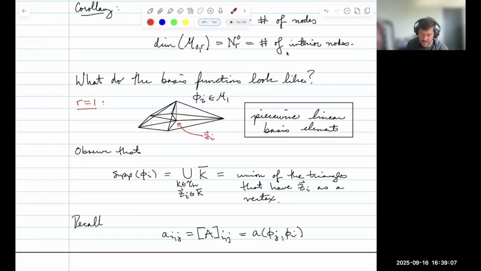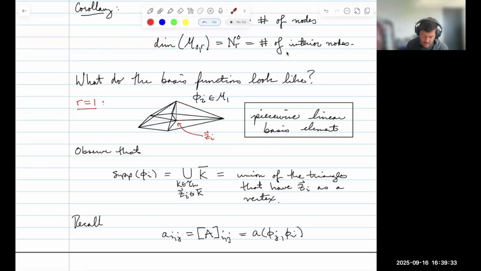It's the union of all the triangles such that zi is one of the vertices. Actually, we're taking the union of the closures, so that we get a closed set in the end. That's precisely the support of these tent functions.